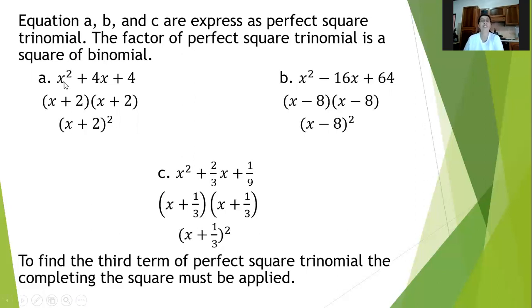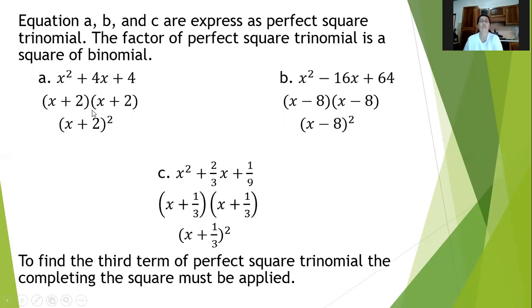As you notice in letter A, it is x squared plus 4x plus 4. The factor of x squared is x times x, and the factor of 4 is 2 times 2. The middle term is 4x. 4x is from the sum of the product of the inner and the outer terms.